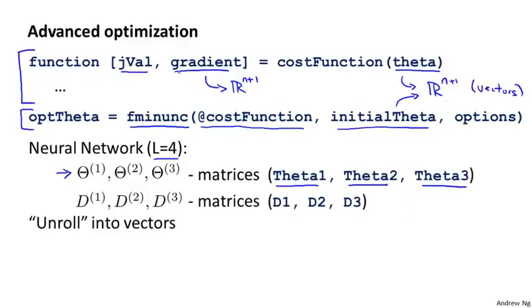And similarly, these gradient terms that we're expected to return, well, in the previous video we showed how to compute these gradient matrices, which were capital D1, capital D2, capital D3, which we might represent in Octave as matrices D1, D2, D3.